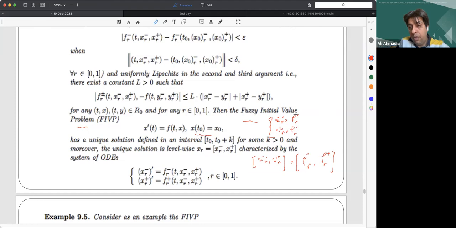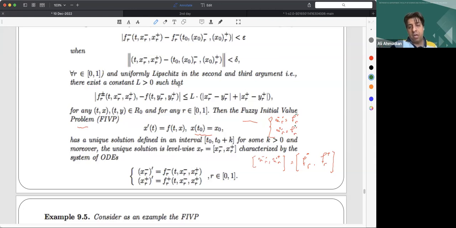This is lower. Let me show it with a different color. Lower, this is upper. The characterization theorem means that we should check some conditions.